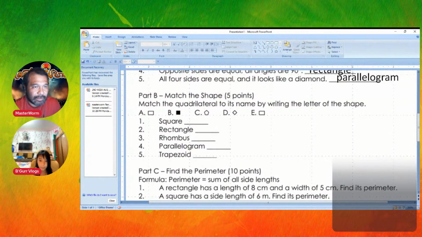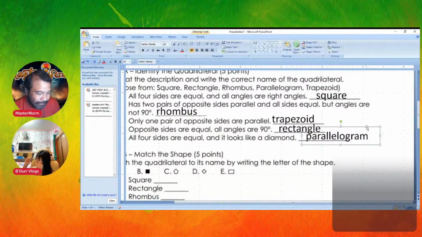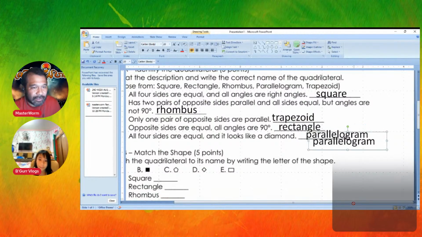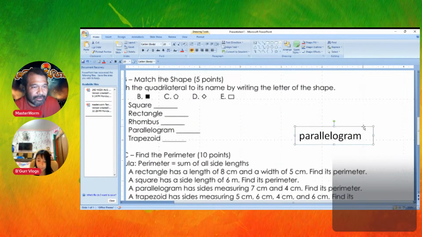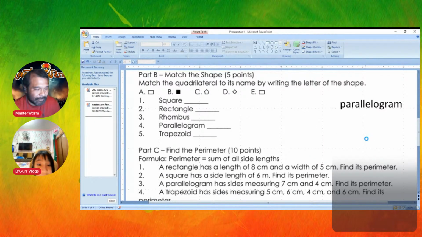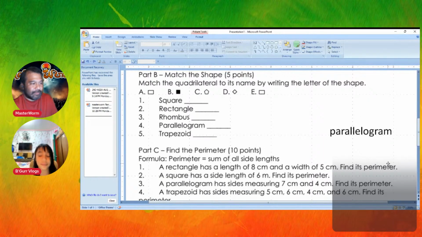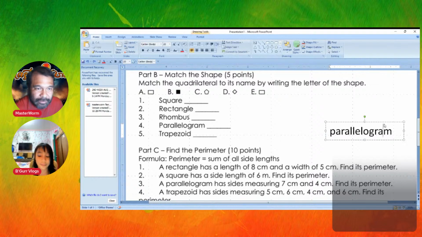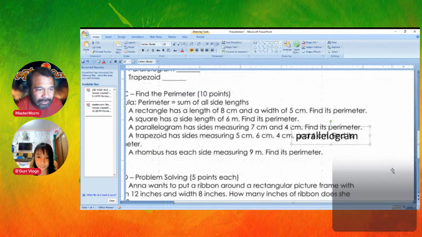Alright, so all you have to do is just add everything. But you have to remember that the rectangle has the same sides on opposite sides. So 13 plus 13 is 26. Good job.